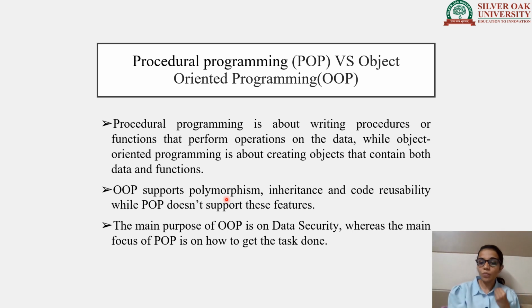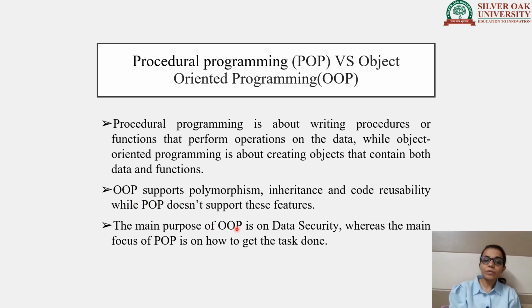With inheritance, we can inherit one or more properties from our previous classes. Code reusability is the biggest part for any developer: writing the code once and using it again and again. That is covered under OOP, not under POP.